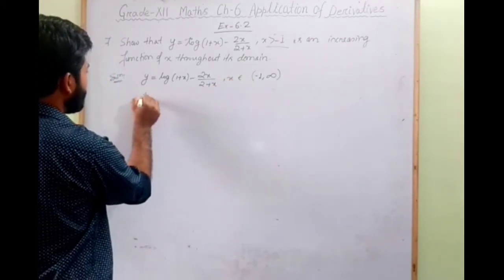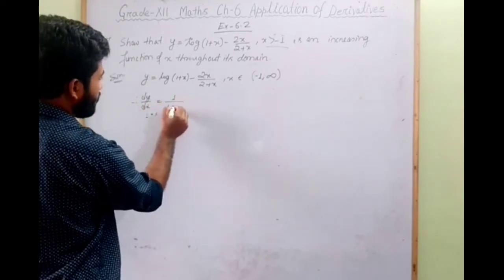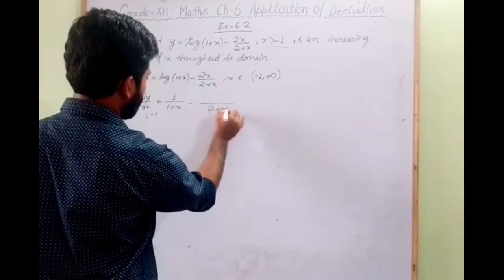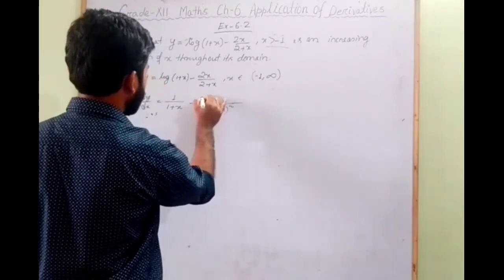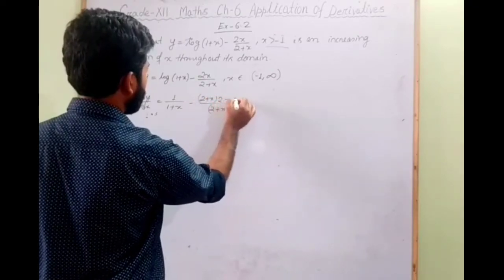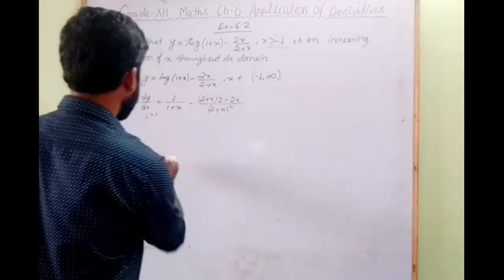And therefore dy by dx will be 1 by 1 plus x minus derivative square into derivative of first function, that is 2, minus derivative of second function, so it will be 1.